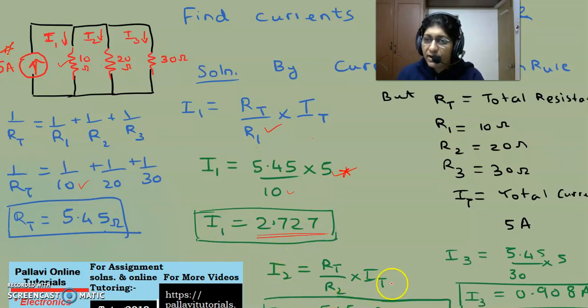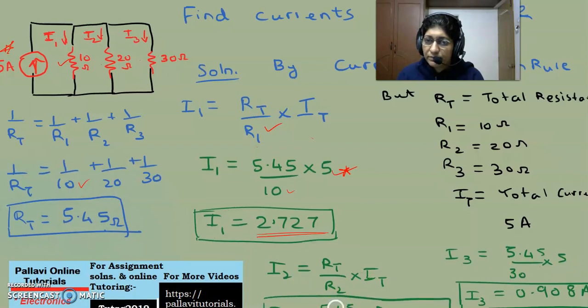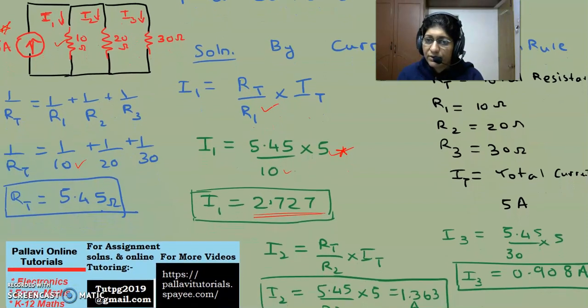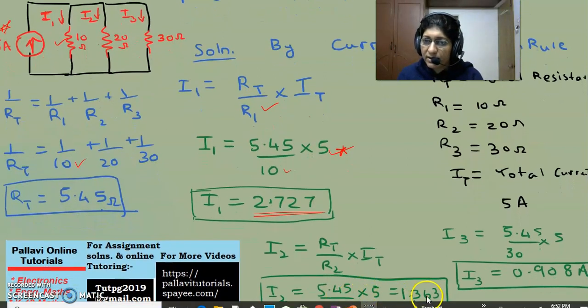Similarly, we can find I3: 5.45, which is the equivalent resistance, upon 30 ohms into 5. Similarly, we can find I2, which turns out to be 1.363 amperes. That completes our theory part.